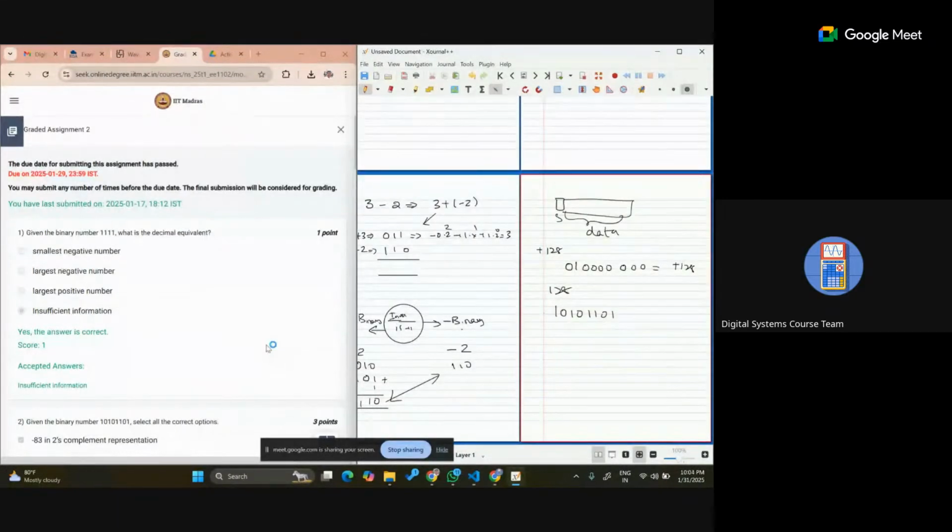Otherwise it is the largest positive number if I think of it as an unsigned binary number. 1111 is equal to -1 in 2's complement representation, and similarly equal to plus 15 in unsigned representation. Which is correct?